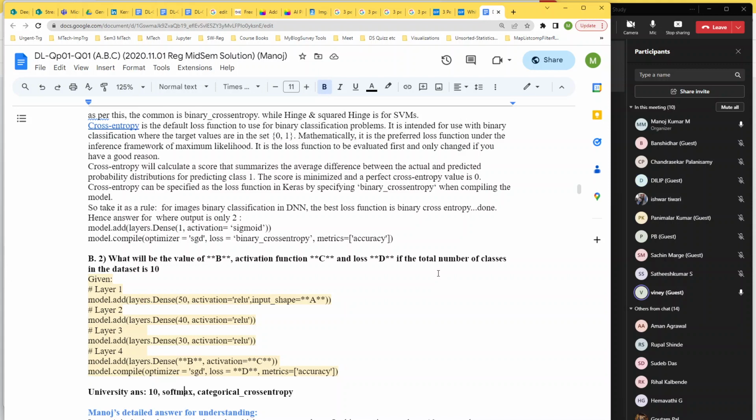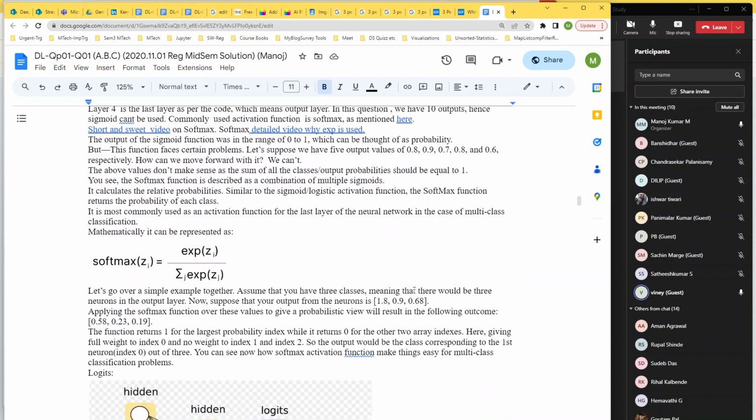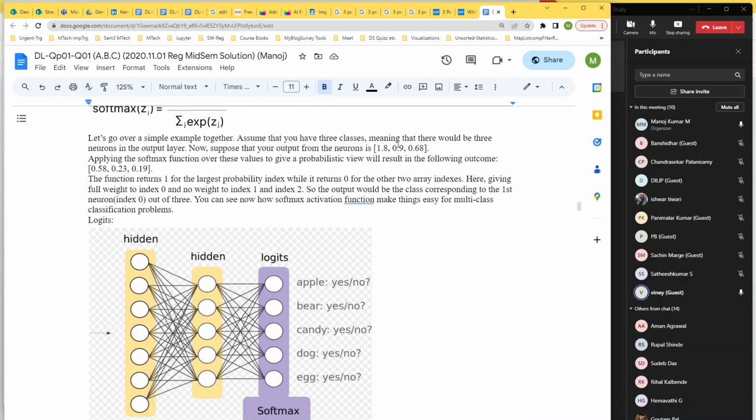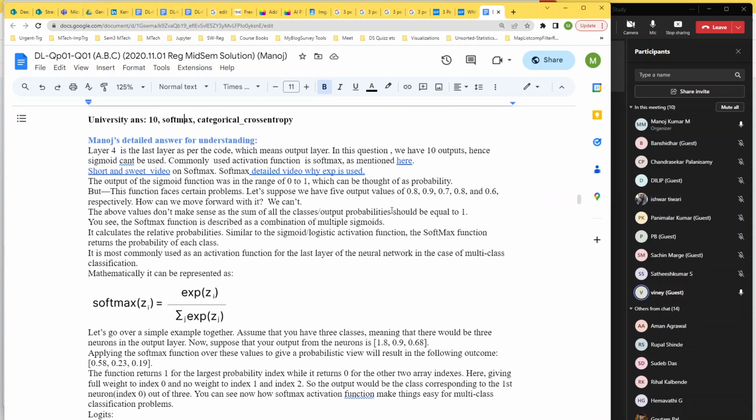There is another one, softmax, which will give you a value between 0 and 1 for each category. The total probability will be 1 for the 10 outputs. If you add up the softmax outputs, the total will be 1, but individually each output will have a different probability, like 0.8, 0.9, 0.68, so there would be something which makes the total 1.